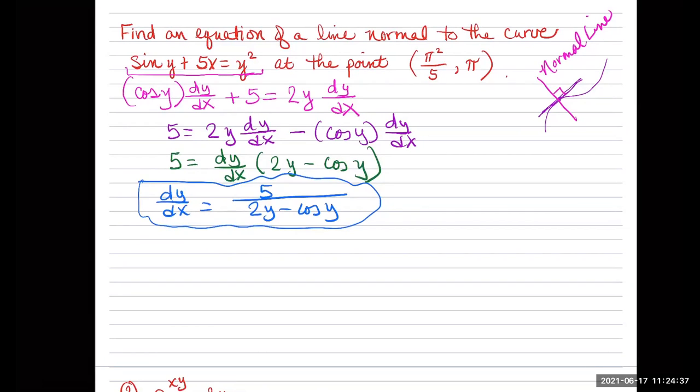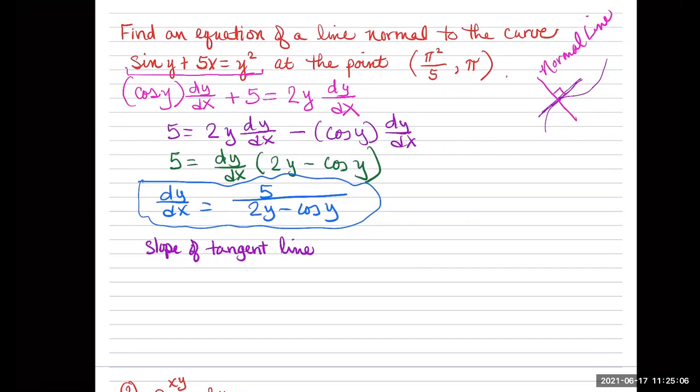Okay, and once we have the derivative, how do we find the slope of the tangent line? Yeah, we have to plug in, only this time we have an x and a y.